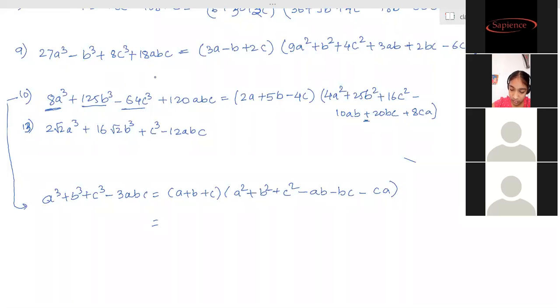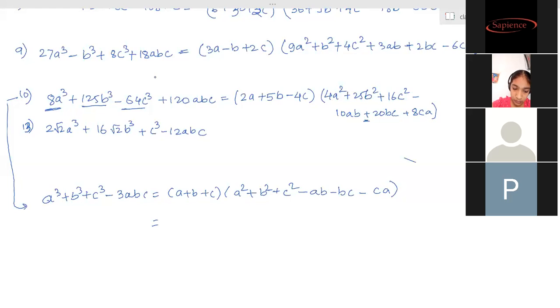Unless you have the RS Agarwal book, continue from this one, 13 onwards. Ma'am, I am not understanding the 13th one, ma'am. Okay, one second. Ma'am, I have a doubt in the 13th question.